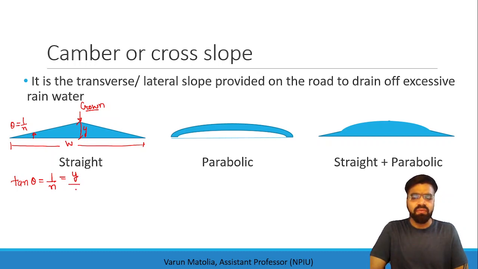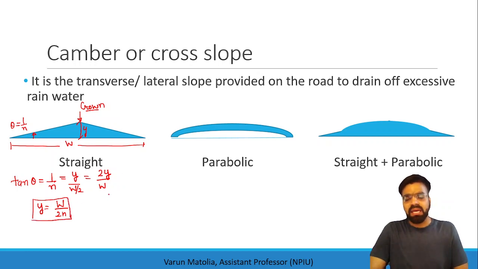This is y by w by 2 and can be written as 2y by w. Here we want to know this y, the height of crown. So we can write it as w by 2n. So this is how we will calculate the height of crown in terms of a straight line camber.